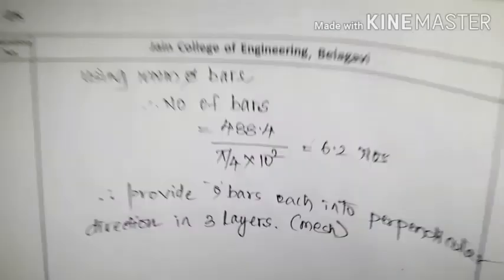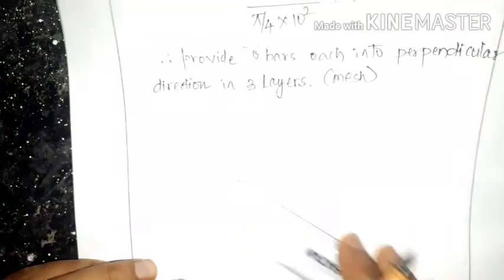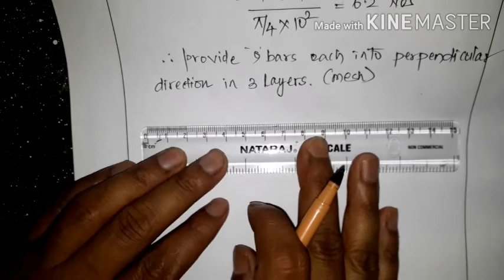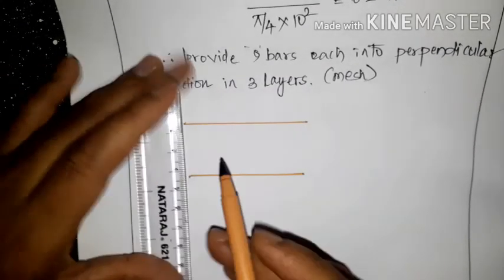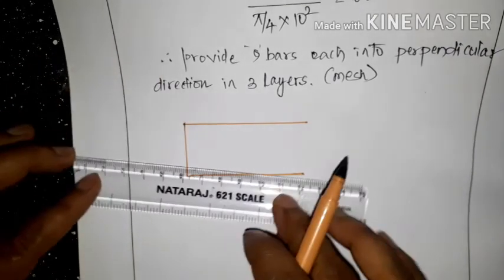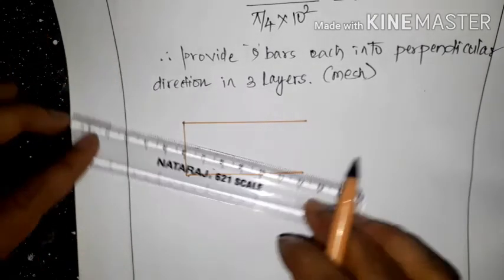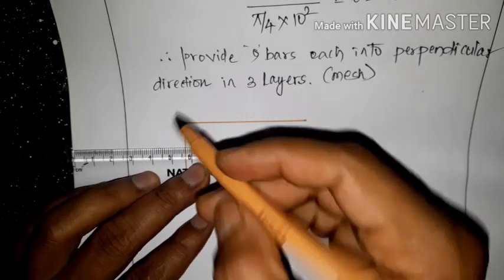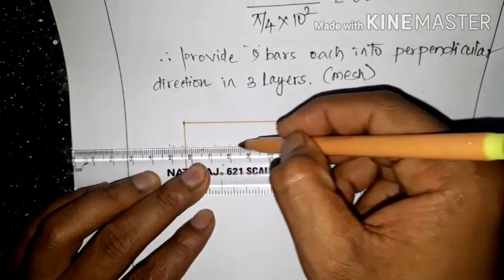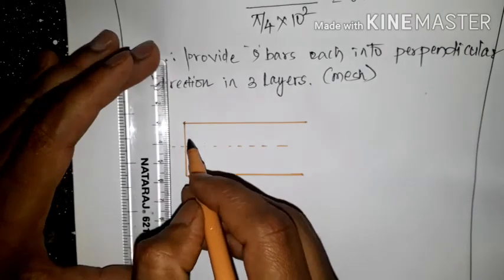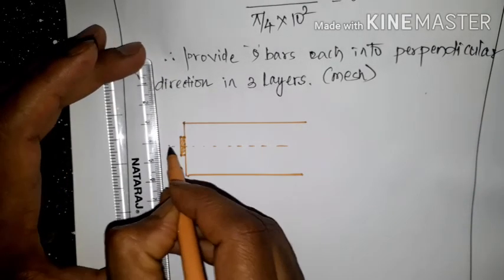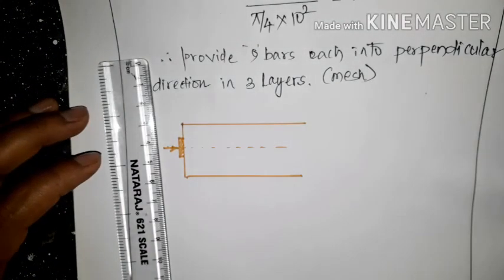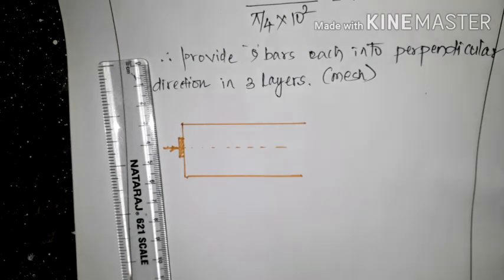So I'll just show you how to provide those bars. Suppose this is our anchorage end, the end anchorage of the beam, and here we have the centroid of the pre-stressing force. So the bars should be provided like this.